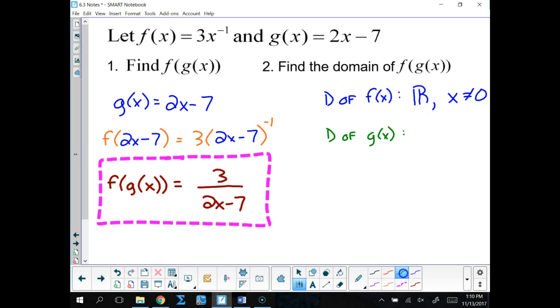So g just has all real numbers. So now, the domain of this pink box. All real numbers.